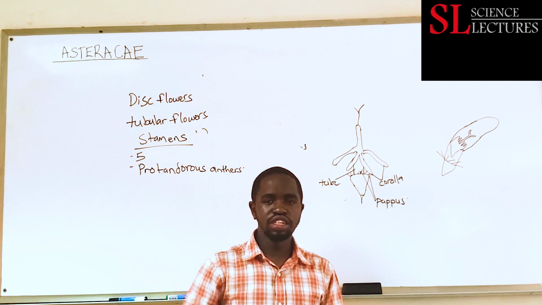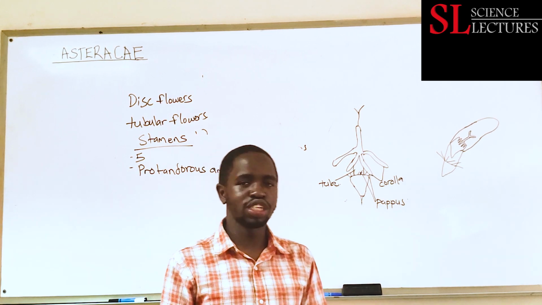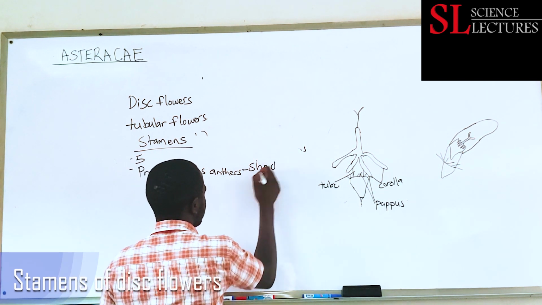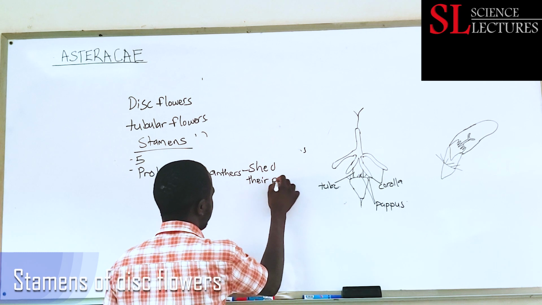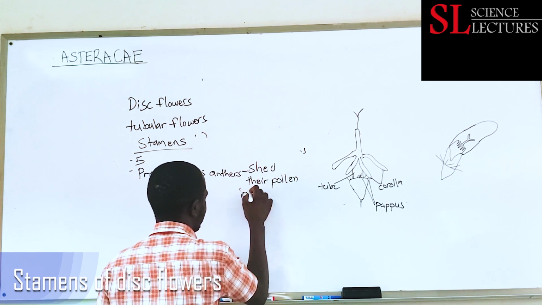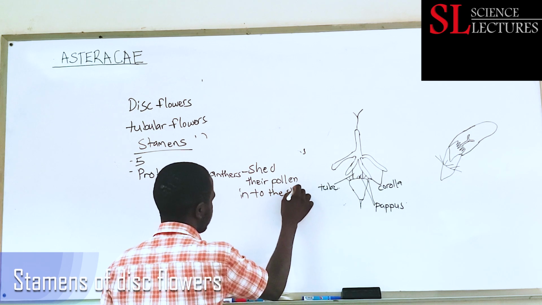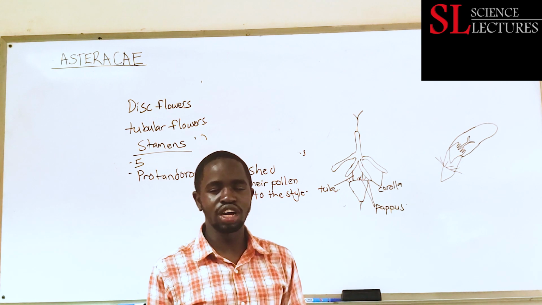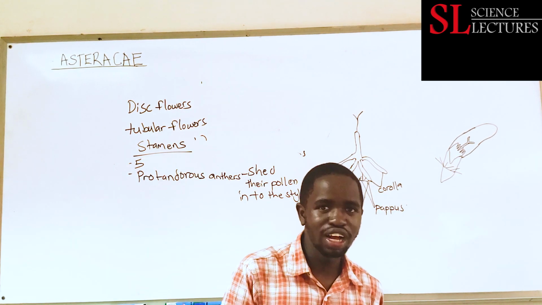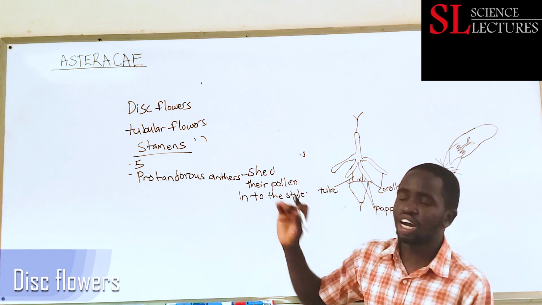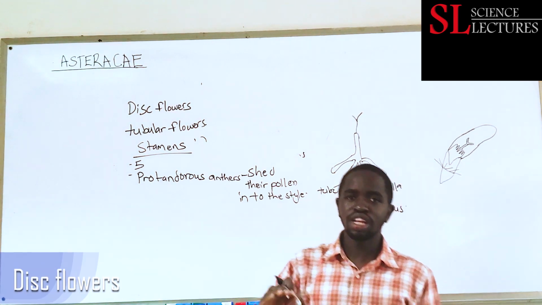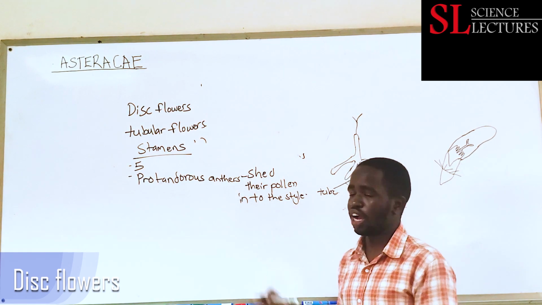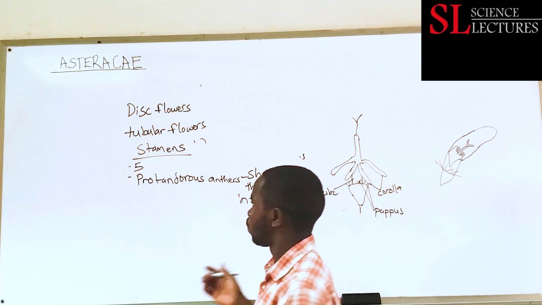In other words, these anthers grow faster before the gynoecium grows, and since they grow faster, they shed their pollen into the style. However, shedding their pollen into the style does not necessitate that they will undergo self-fertilization. The styles are unreceptive to the pollen grain. That is why the style will later grow to allow cross-fertilization, as members are either wind pollinated or insect pollinated.